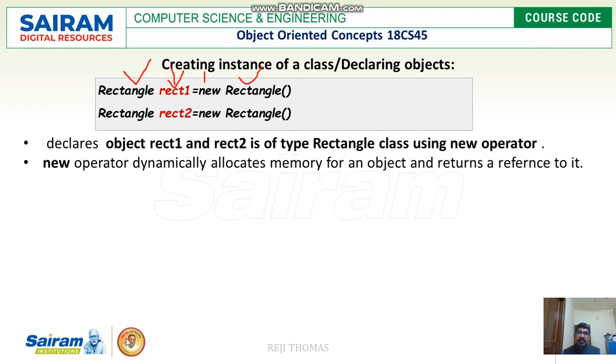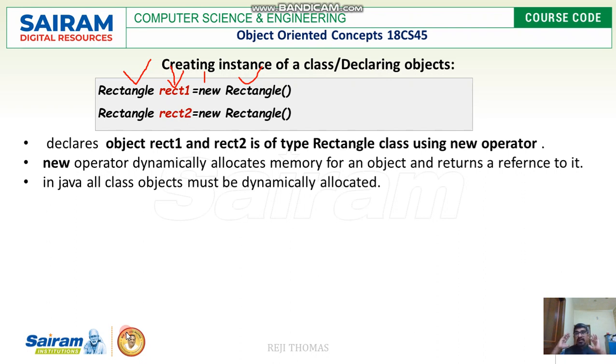The new operator normally allocates the space dynamically and returns a reference to the object. And in Java, all class objects must be dynamically allocated. Why? Because in Java we have a feature called garbage collection. Because of this, all the memory will be allocated dynamically.